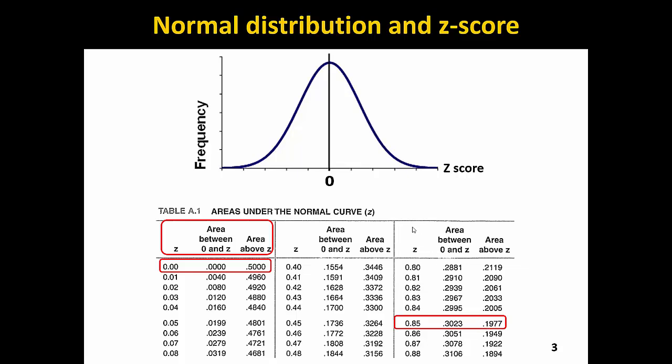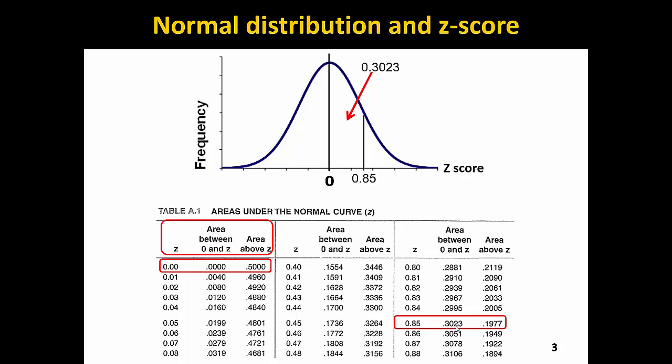Now we go up to our z distribution, and we find 0.85 resides somewhere here. It's actually quite precise, but for our purposes, I estimated the position at around this point right here. When we talk about the area between 0 and z, we're referring to this region right here. And this region has a value of 0.3023.